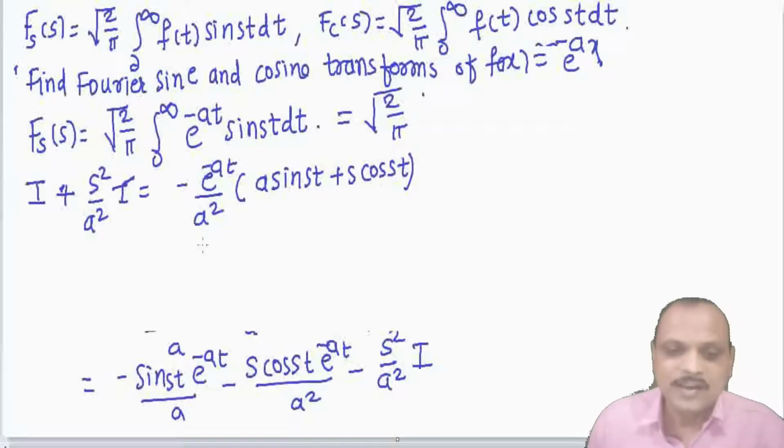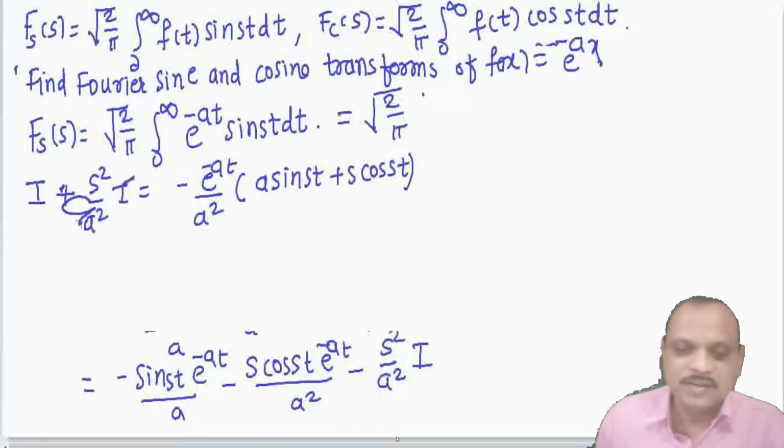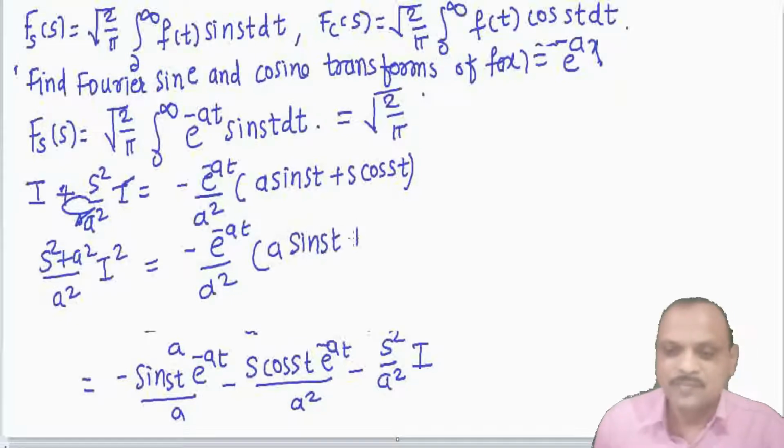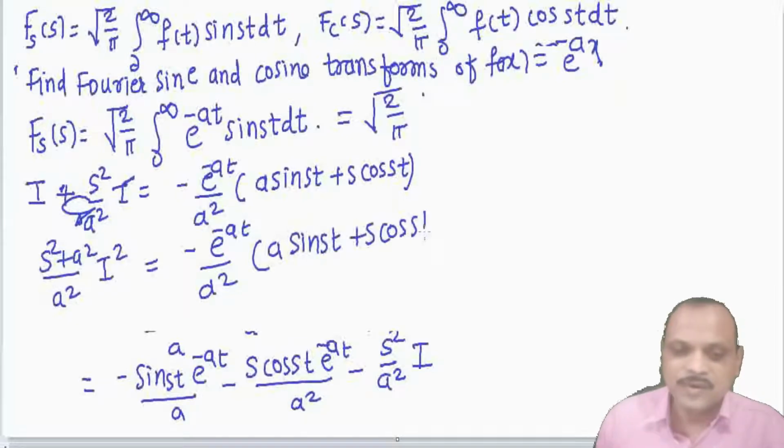Now here the LCM of this we get s square plus a square divided by a square I equals the same term minus e raised to minus at divided by a square into a sine st plus s into cos st. A square gets cancelled.